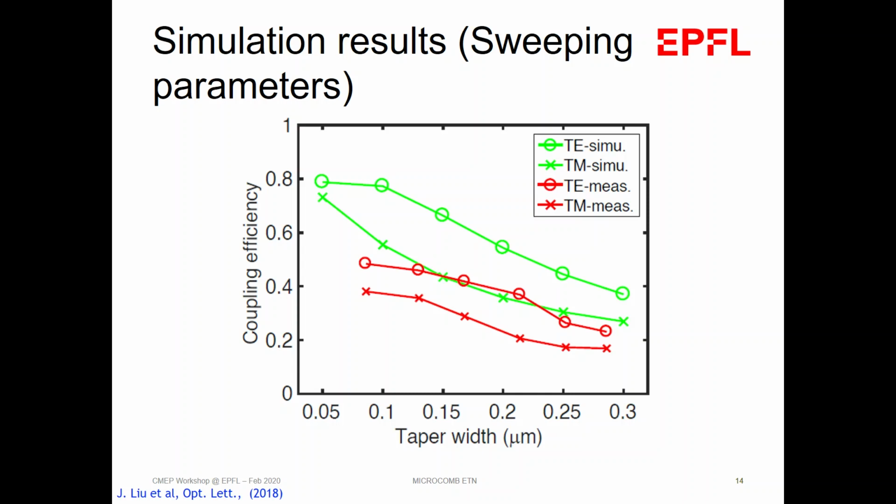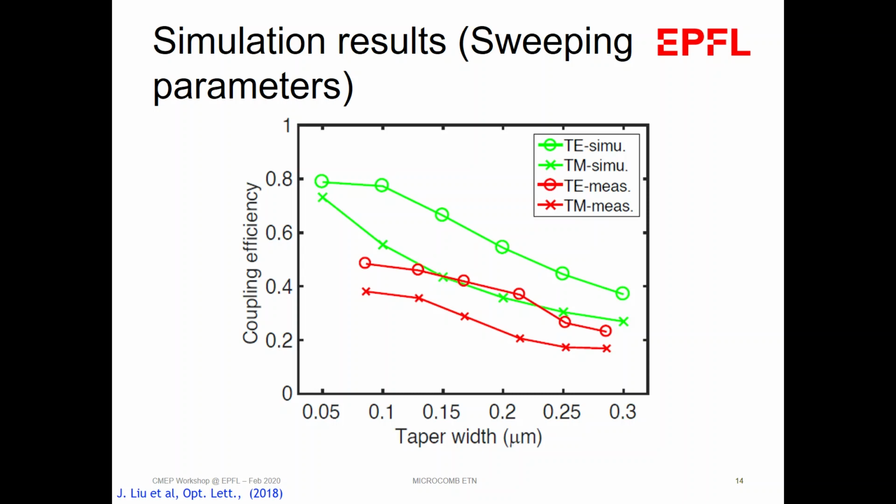Let me answer your question. If you launch a Gaussian mode, the Gaussian mode by nature is divergent. Then your input taper is actually a confined structure. Basically, if you want to guide this mode, the first thing you need to make sure is that your confinement is stronger than your divergence.